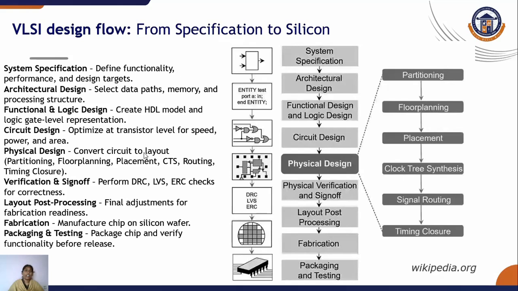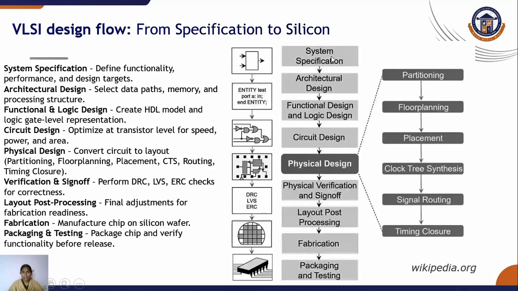This is the general design flow of VLSI, which means from specification to silicon. Design flow means the design process of an IC and developing the IC. Here we follow a lot of steps to design an IC. The very first step is system specification.